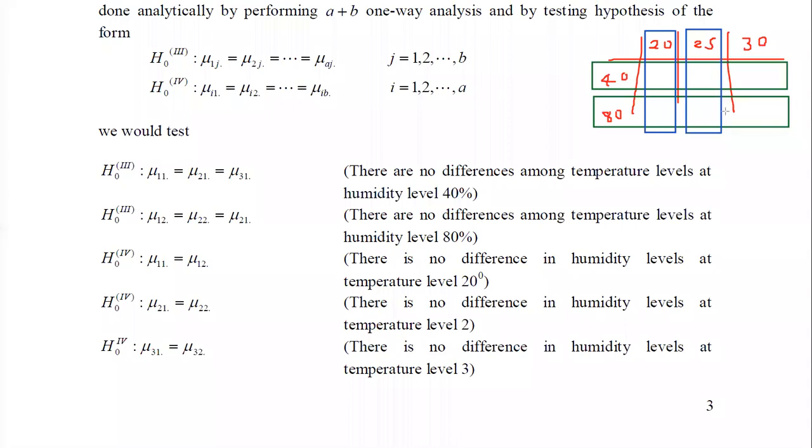It is 25. Then again we have to test for the significant difference among these two humidity levels on the performance, and thereafter we are considering this third one. It is for the third temperature. Therefore, this is the main idea that we need to learn under this two-factor factorial design.